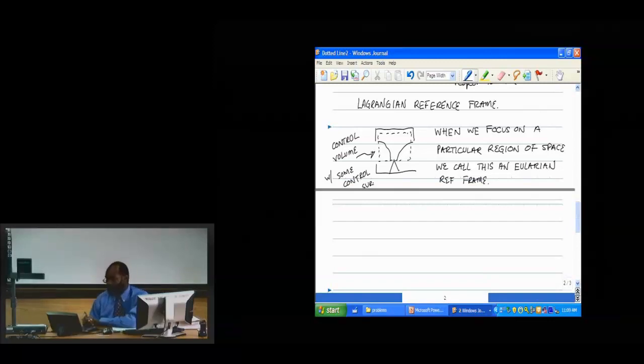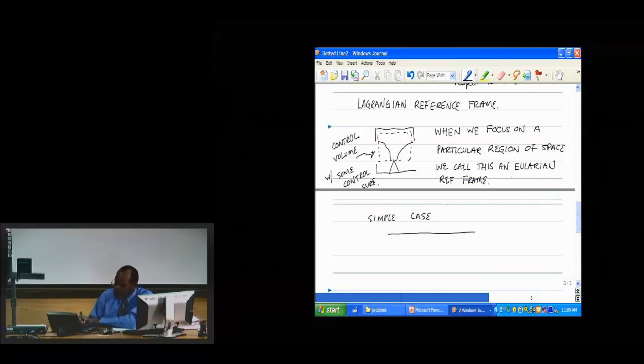Okay, so in the simplest case, imagine you have a pipe with some flow through it. So there's a flow of some fluid through this pipe, with some velocity, u bar, some average velocity.